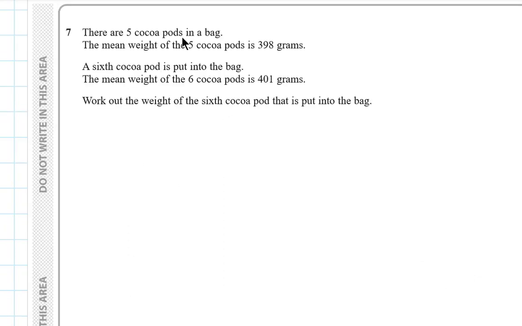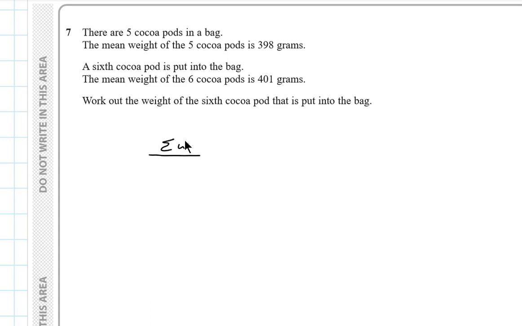7. There are 5 cocoa-pods in a bag. The mean weight of the 5 cocoa-pods is 398 grams. Before completing the problem, how can we use this information? The mean of the weight of these 5 cocoa-pods is 398.